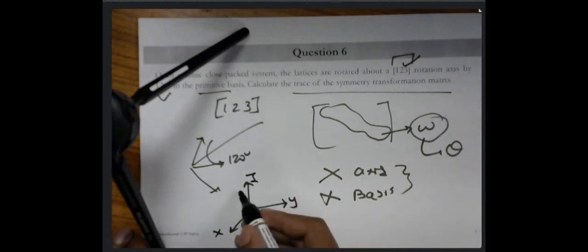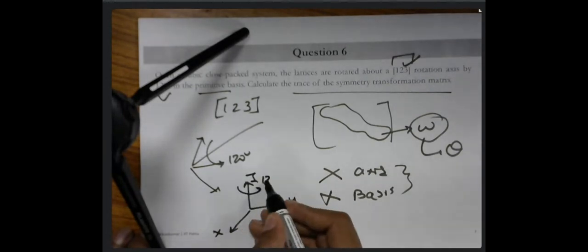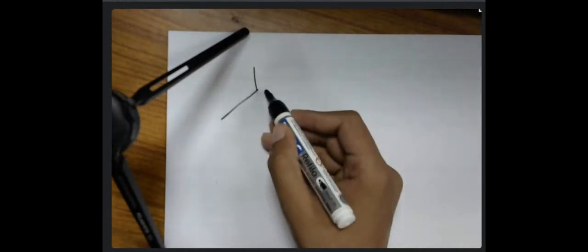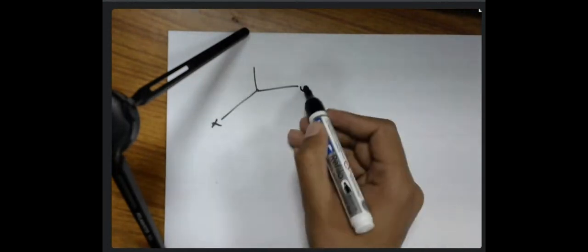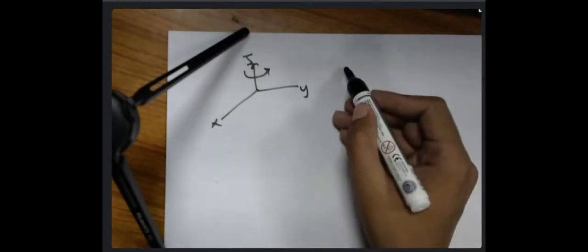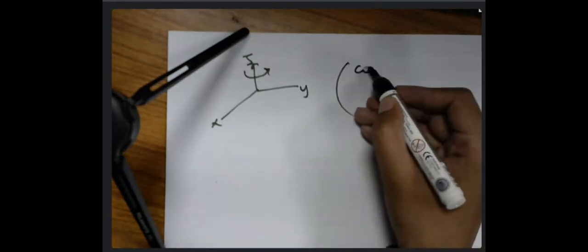We can rotate about z by 120 degrees and we can find the trace. We can construct the symmetry transformation matrix itself. So let's do that. x, y, z. About z, we are rotating by 120 degrees. We can write cos of 120.